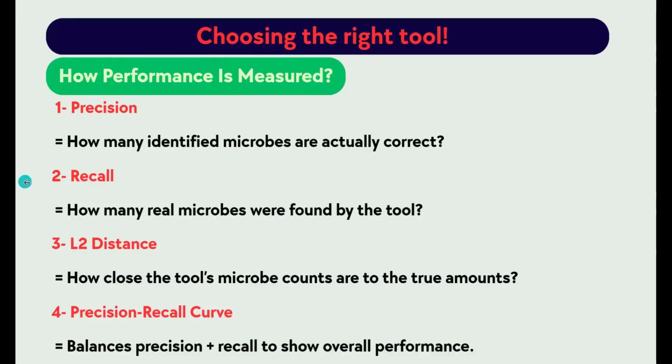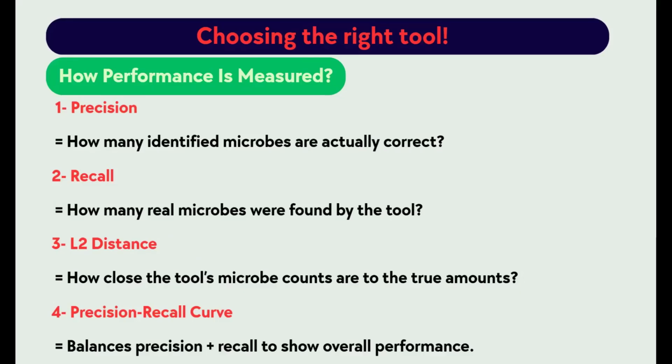We can just summarize this part, choosing the right tool, before moving to our tutorial, to finalize this video. Scientists wanted to know which tools are best at identifying bacteria, so they tested many tools using sample data. Some are easy and others are hard.